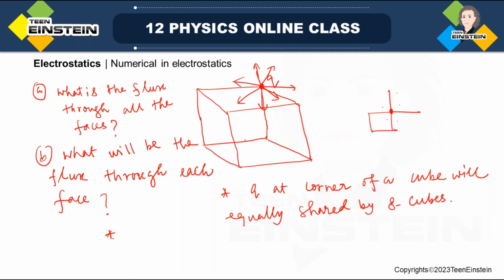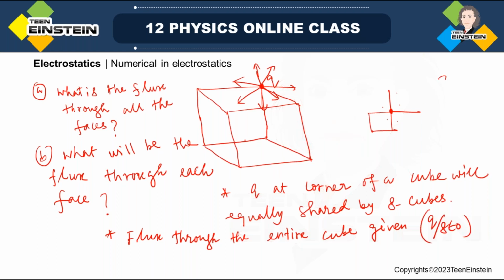So the flux through the entire cube is given as q by 8 epsilon 0, because q by epsilon 0 is the total flux, and that is shared by 8 such cubes equally. So that's why the first answer is this one.